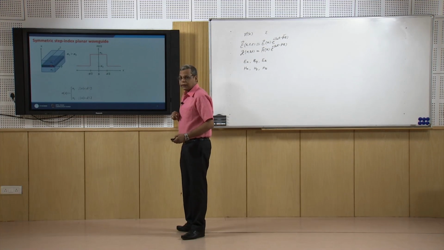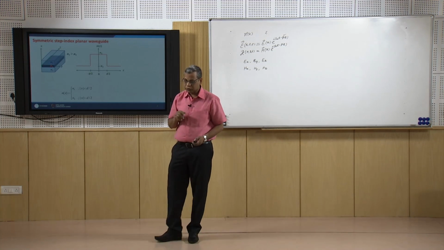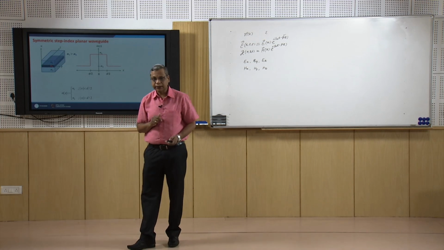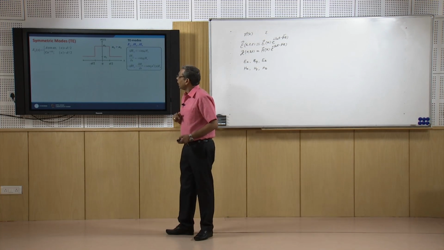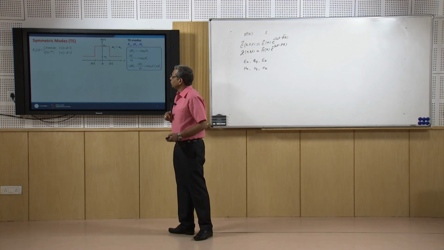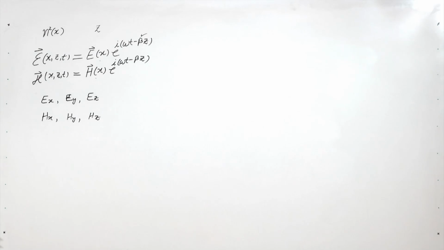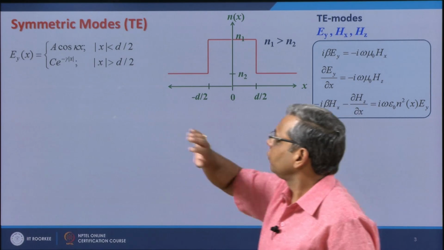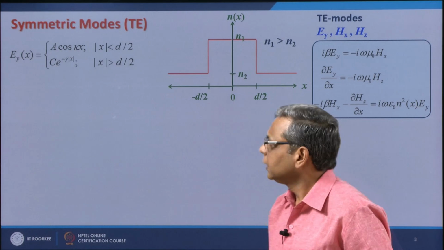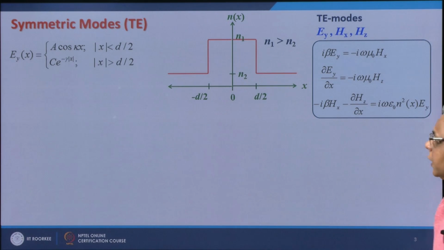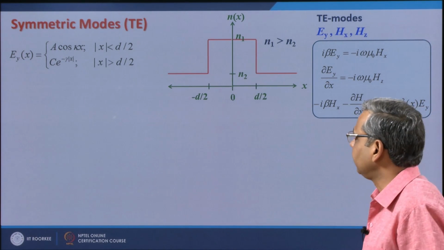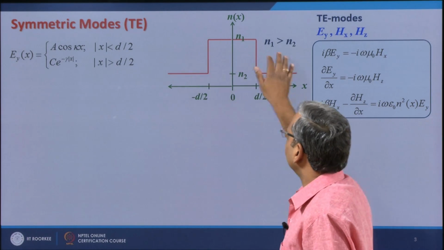So, we categorized the modes of this waveguide using the symmetry of the structure into symmetric and anti-symmetric modes, and for symmetric TE modes the electric field is given by A cosine kappa x for mod x less than d by 2, that is in the guiding film, and C e to the power minus gamma mod x for mod x greater than d by 2, which is in these two regions.